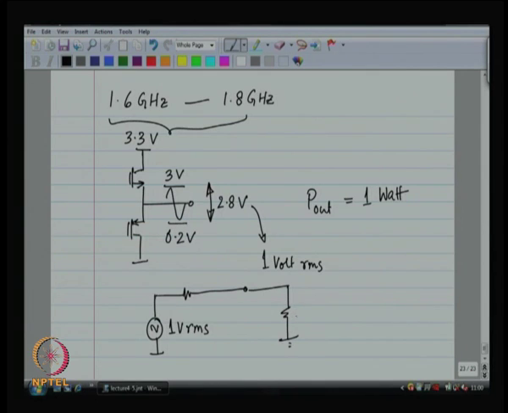And here of course, you need to assume that you are doing maximum power transfer, because that is the best case, right.